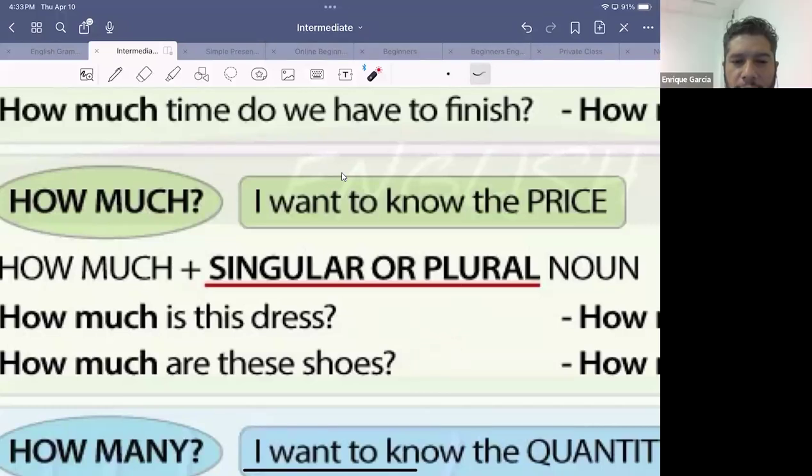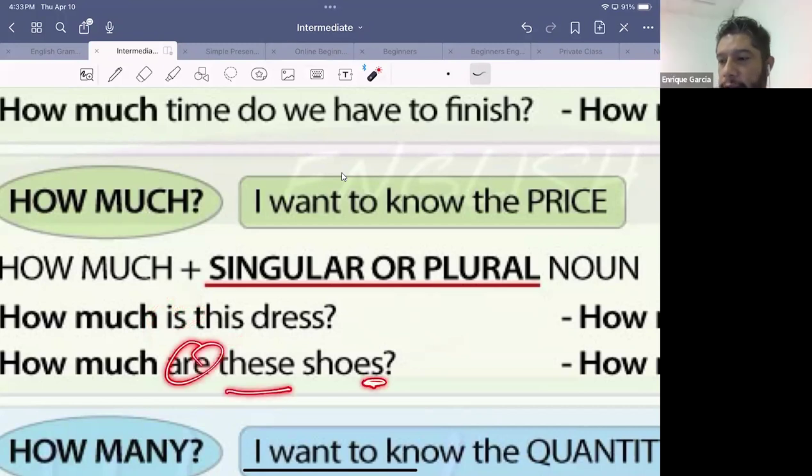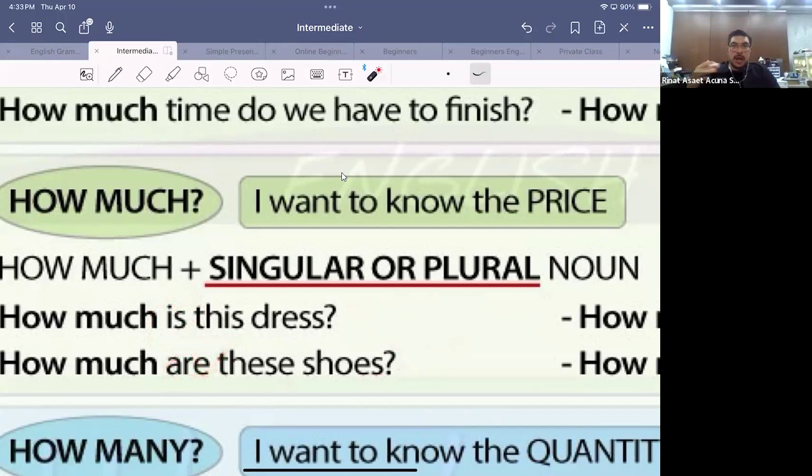How much are these shoes? Exactly. Very good. So if you see, is this singular? Are these plural? The plural. Okay, exactly. So we have to be able to know how to use each one of these.